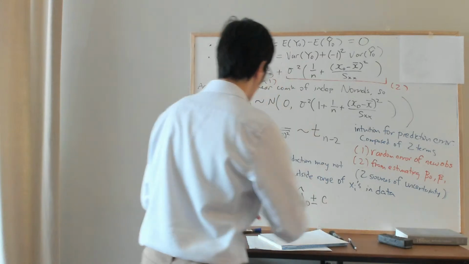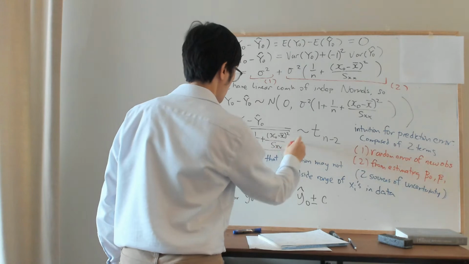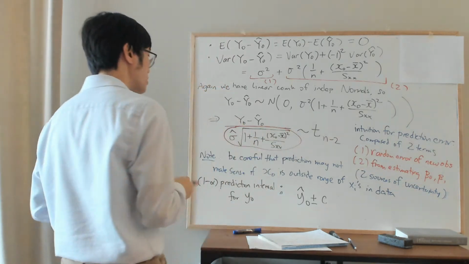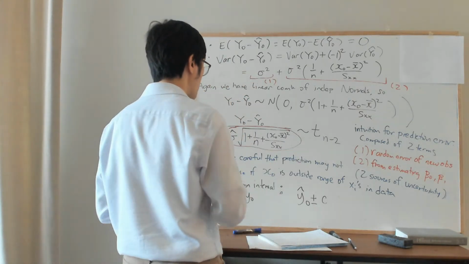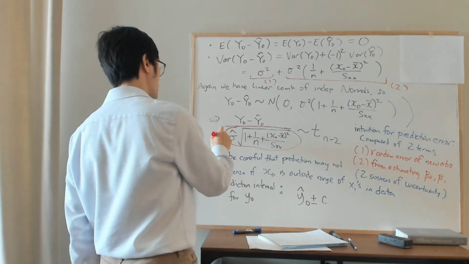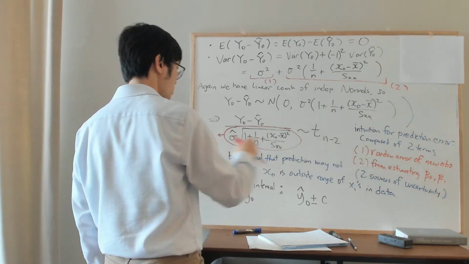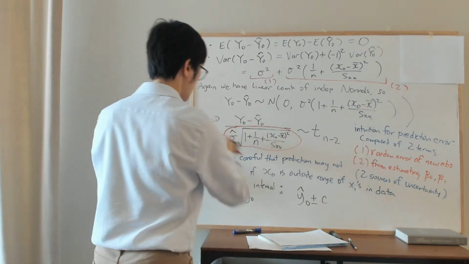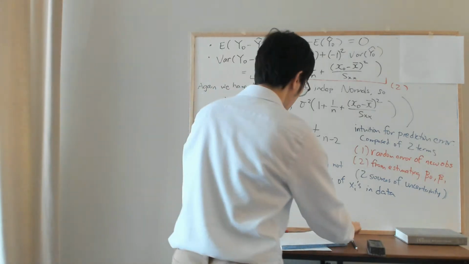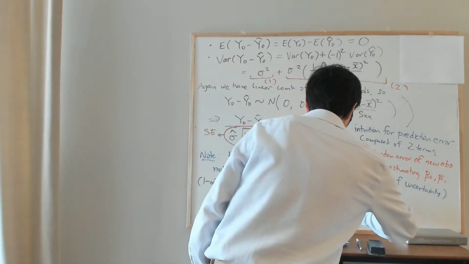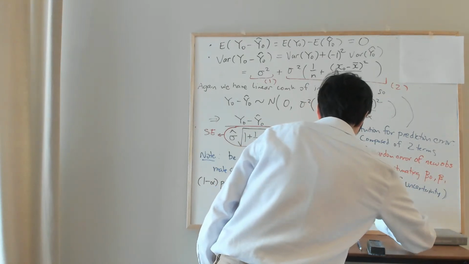Just like before, I'm going to call this whole thing the standard error of our prediction. So we need sigma hat times the square root of 1 plus 1 over n, and so on.